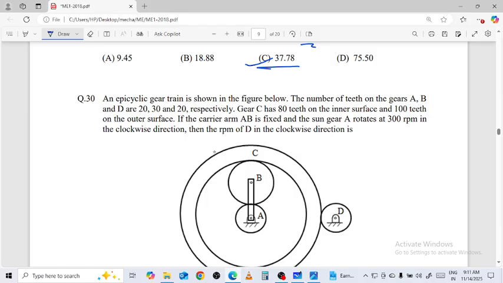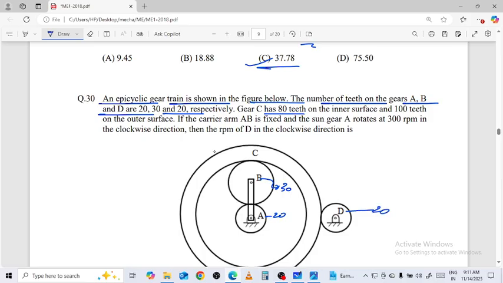चलिए. An epicyclic gear train is shown in the figure below. Number of teeth on the gears A, B, C, D, E are 20, 30 and 20. इसका 20, E is a 30 and D is a 20.